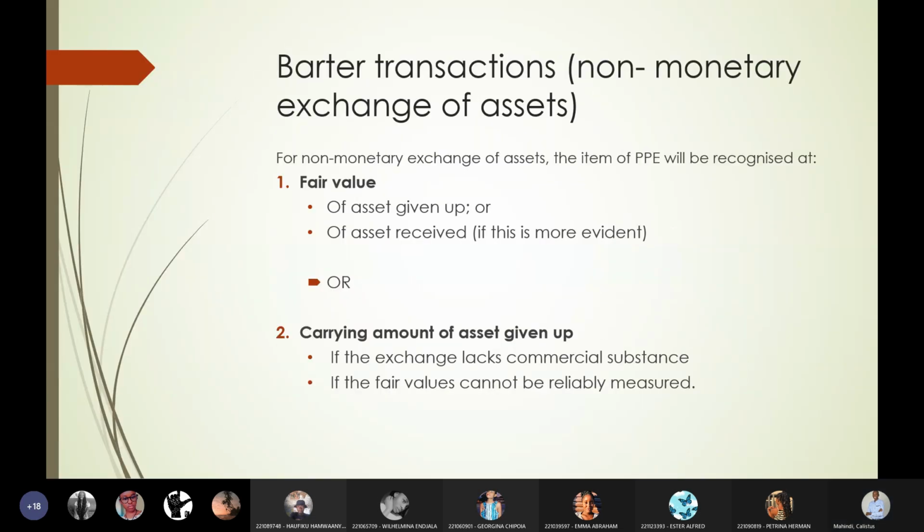So next, let us look at barter transactions. Barter just means exchanging items. So in the olden days when money wasn't around, people would barter.